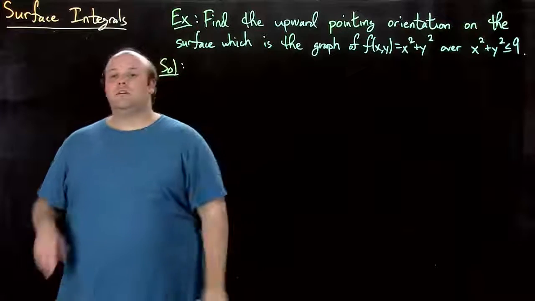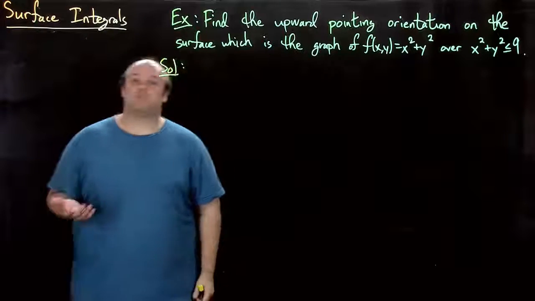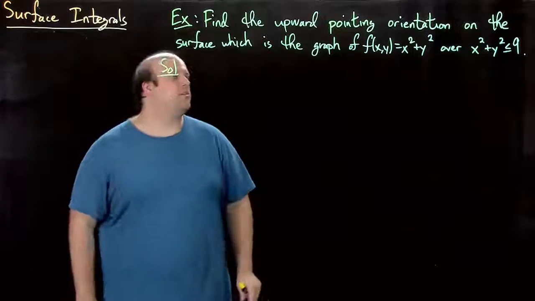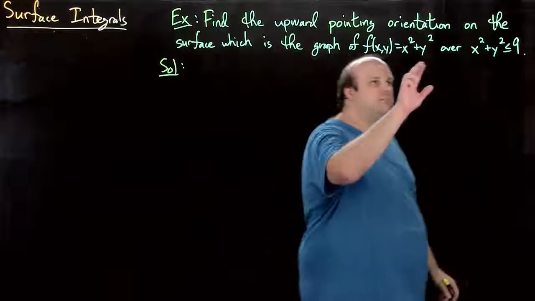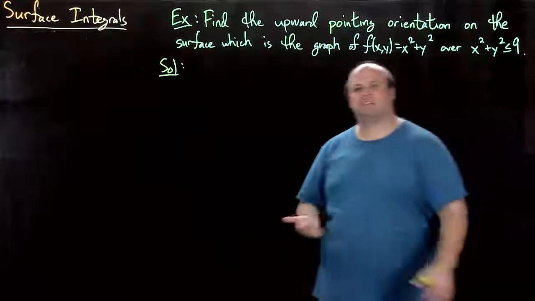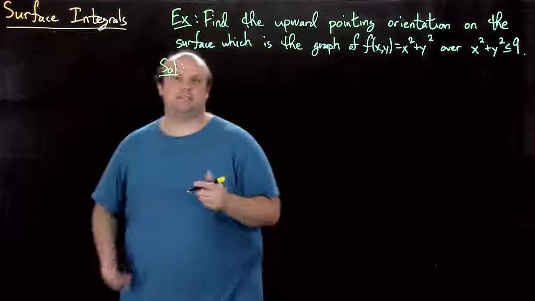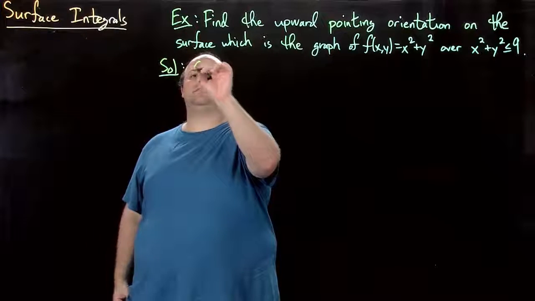So the first thing we need to do is parameterize the surface. We have a bunch of x squared plus y squareds here, so that suggests using cylindrical coordinates.